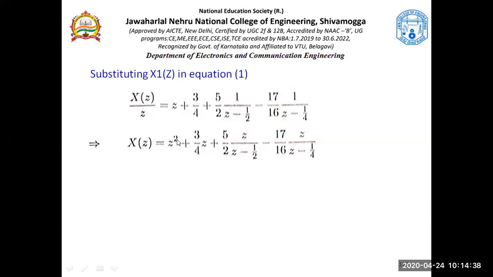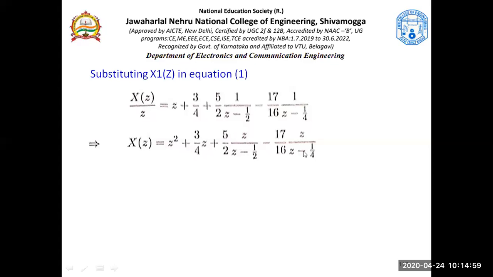If it is delta of n, it is 1. If it is delta of n plus 1, it is z. If it is delta of n plus 2, it is z squared. Everybody is okay with that? So for this, ROC is not needed. We directly apply the inverse z transform.